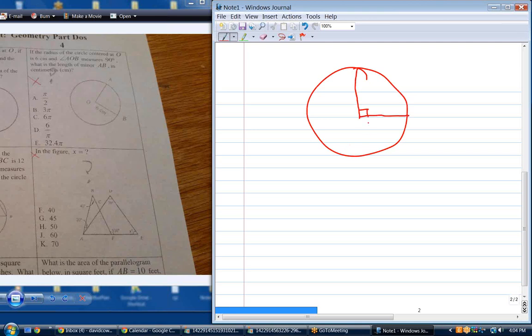That's a right angle, 90 degrees. And they want to know the length from A to B, the arc length. What's the length of the circumference?